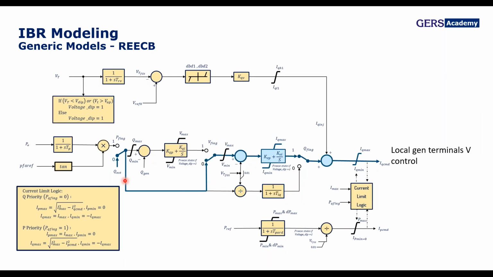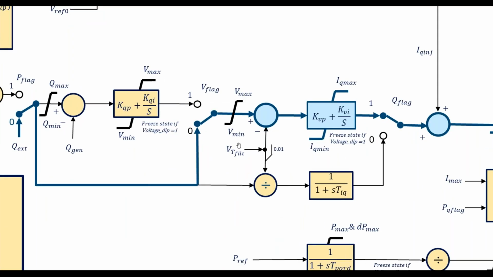The other one is the local generator terminal voltage control. The result of this is how the model is initialized, or what the reference of the model is. Here, for example, the reference will be this voltage that is the result of a filtered voltage.